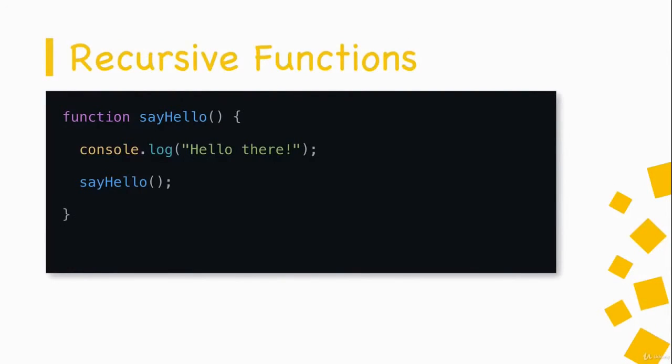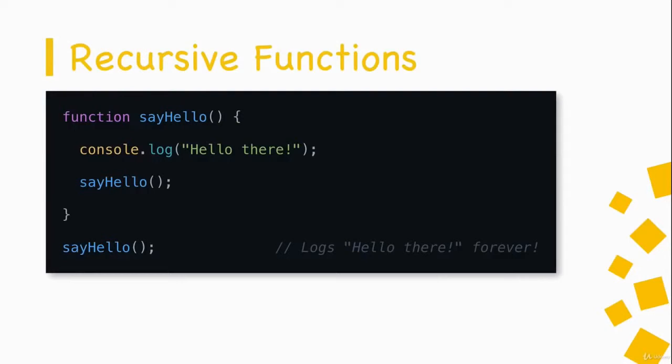Then if we call this function by typing sayHello and a pair of parentheses, the function code runs, which means we get console.log hello there, so it logs hello there to the console, and then the sayHello function runs again because that function call is inside the function, logging hello there one more time, and then it will run again, and this will continue on and on forever.